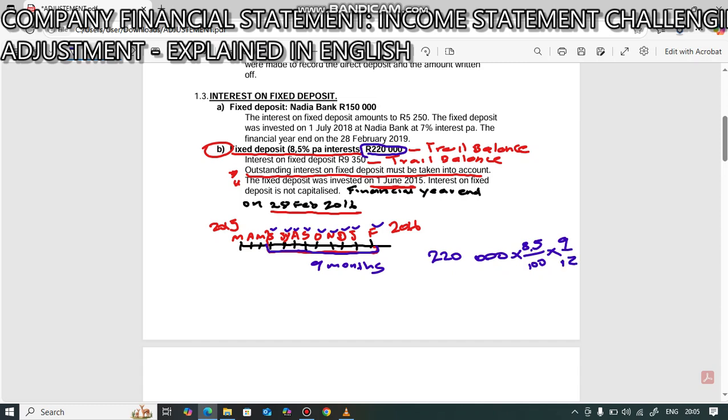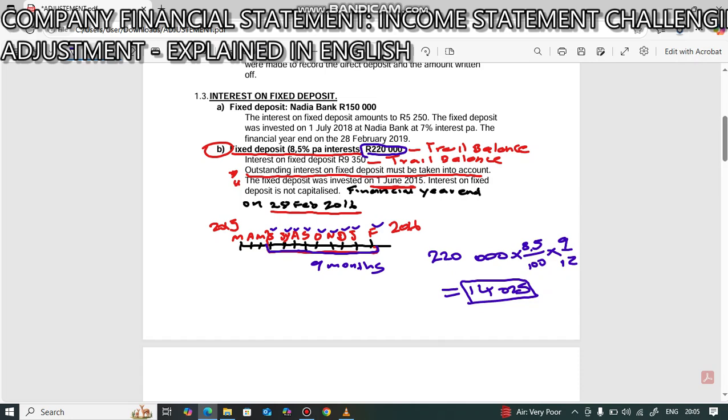So we say 220,000 times 8.5 divided by 100, times 9 over 12. Meaning the business was supposed to receive an interest of 14,025 rand.